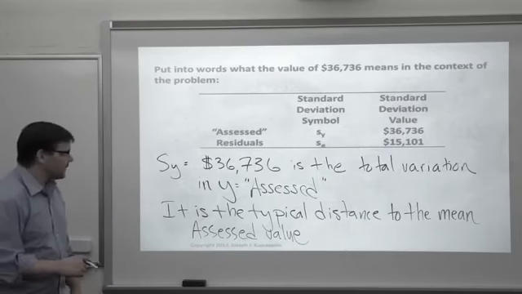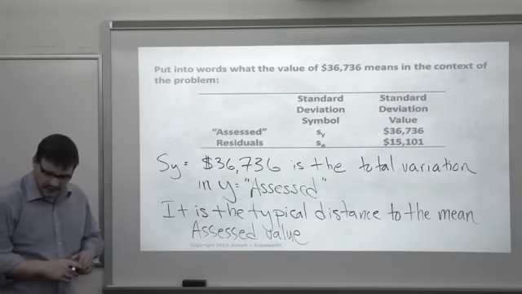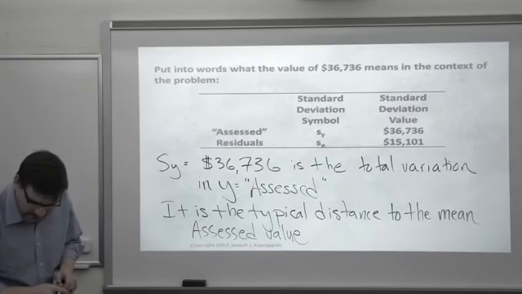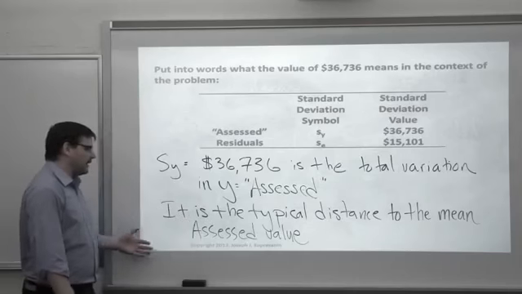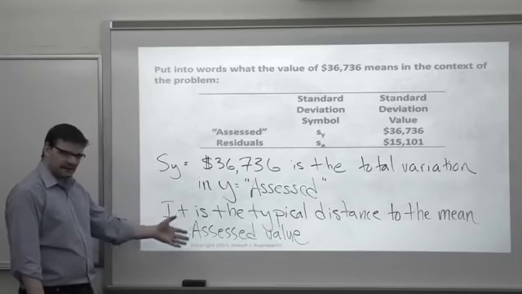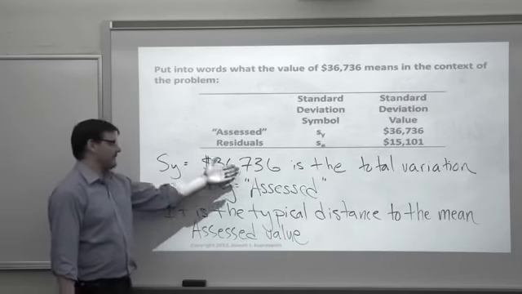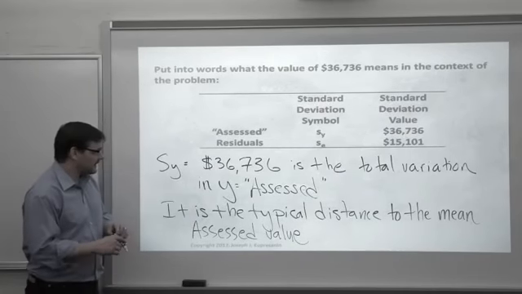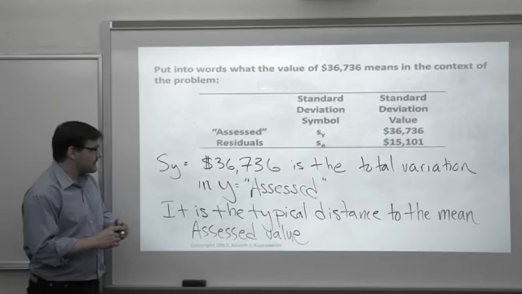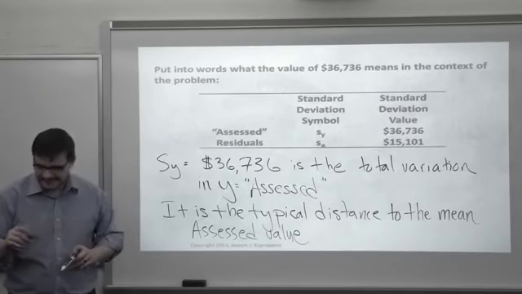I don't, but it was probably about 200,000 or somewhere in there just looking at the picture. So on average, in that neighborhood, a home price is probably 200,000, 210, 220. And on average, there's the average distance to the mean, about 36,700.